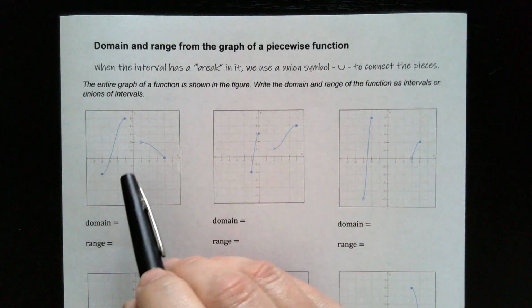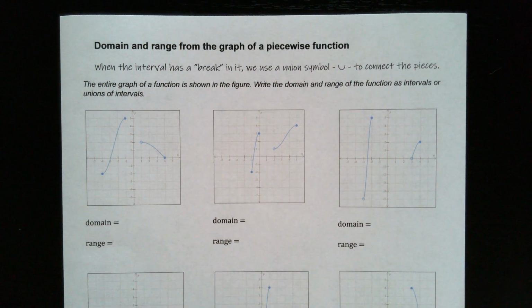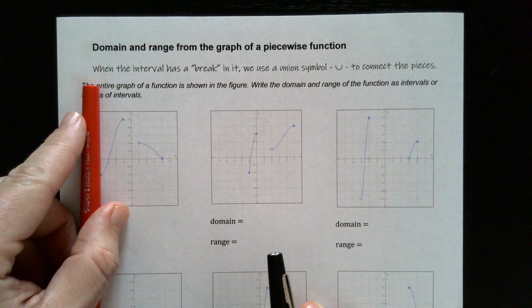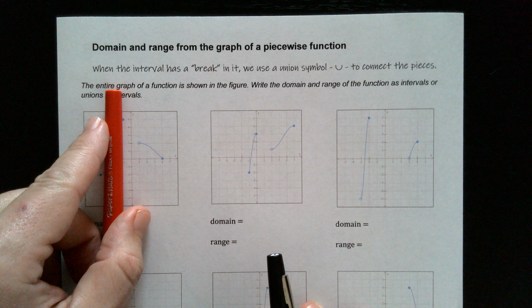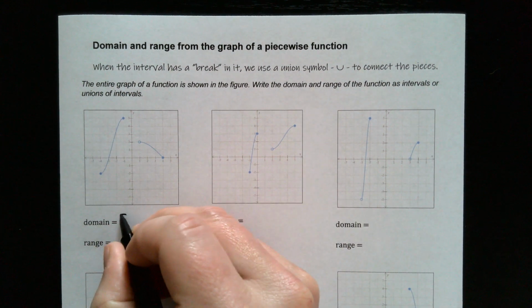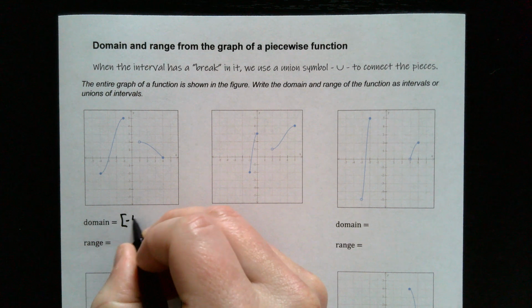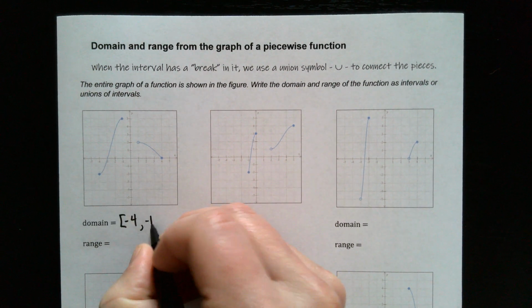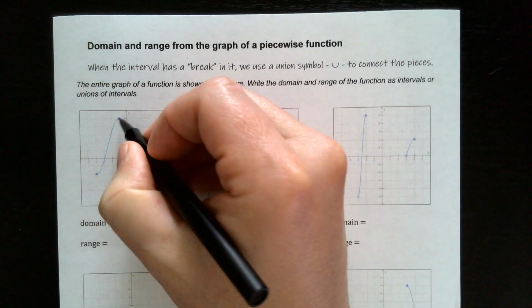We've got this graph here. Remember, domain is from left to right. So how far left does it go? -4, and it stops at -1. So it goes from bracket -4, because that point is included, to bracket -1, because that point is also included.